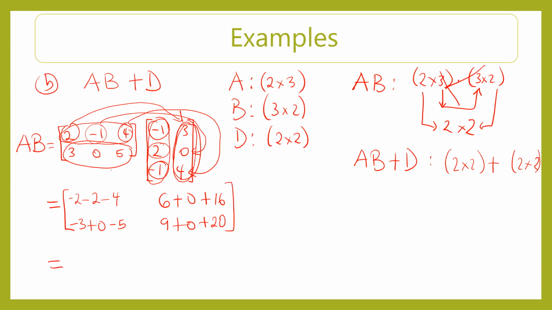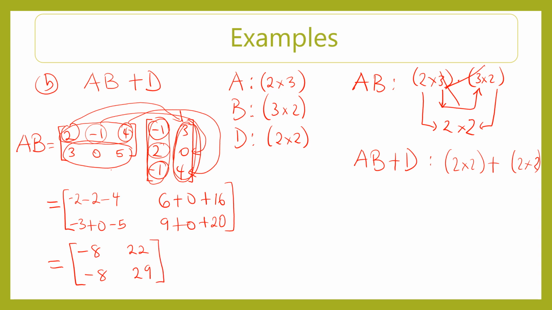I'm breaking it down here so that it's very clear. So minus 2 minus 2 minus 4 is minus 8. 6 plus 0 plus 16, that gives us 22. Minus 3 minus 5 gives us minus 8. And 9 plus 20 gives us 29.